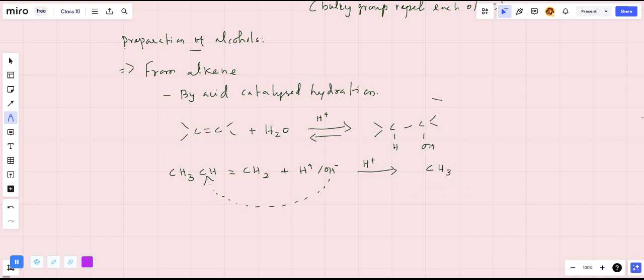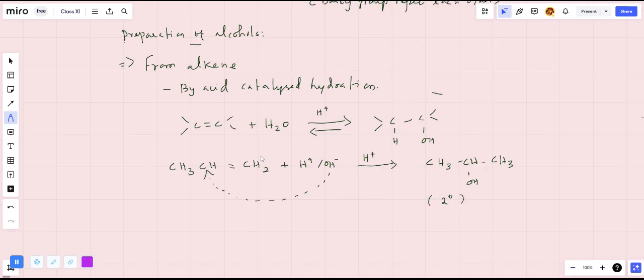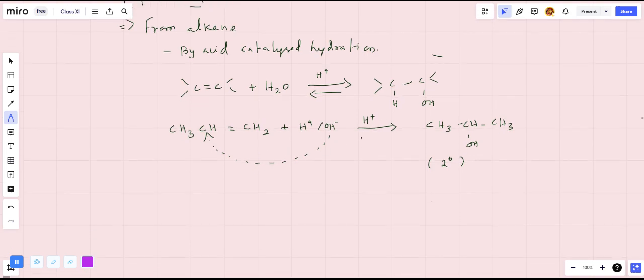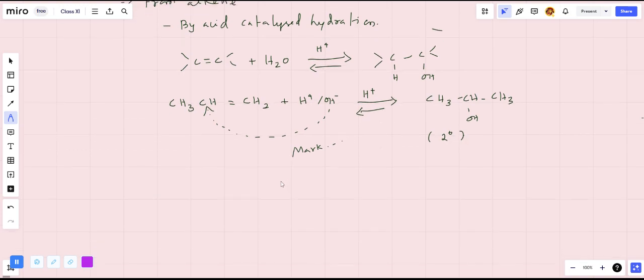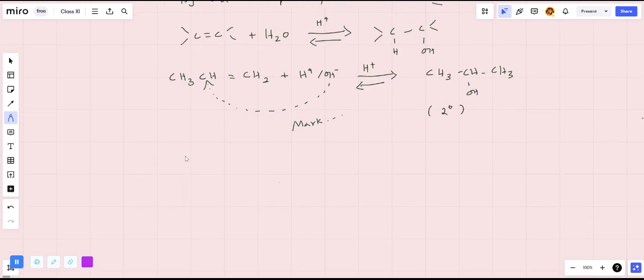This is a secondary alcohol. Symmetrical means no problem; unsymmetrical means it goes with Markovnikov's rule. So this is the reaction. Now we are going to see the mechanism for this reaction.